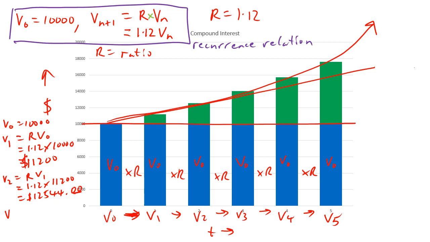And then if you did V3 equals R V2, that's going to equal 1.12 times 12,544.00, and you'll end up with, I've got to get this right, $14,049.28.